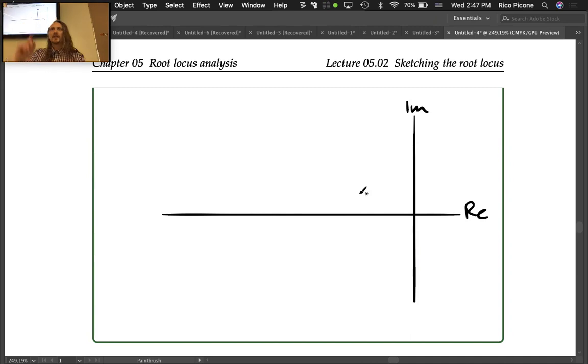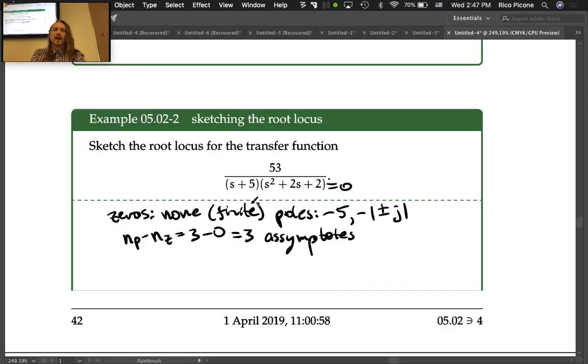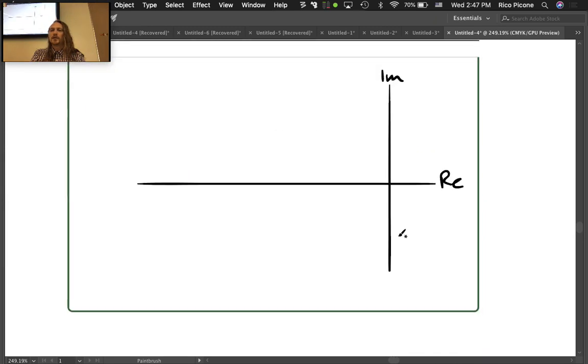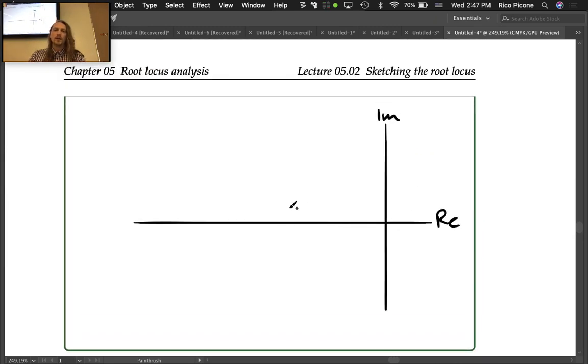So the first step in the procedure is to put in our open loop poles and zeros. We've got a real pole at -5, and then we've got -1 plus or minus j1. So we've got a real one out here, and then we've got a couple complex ones here.